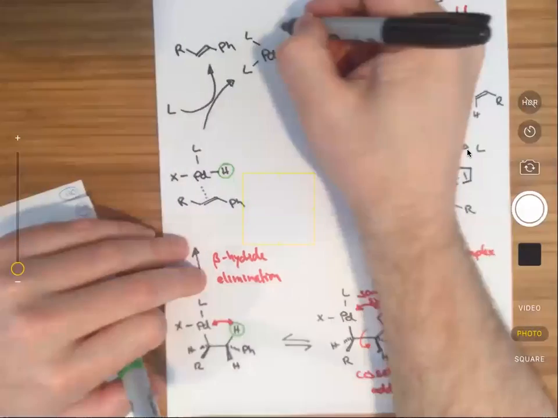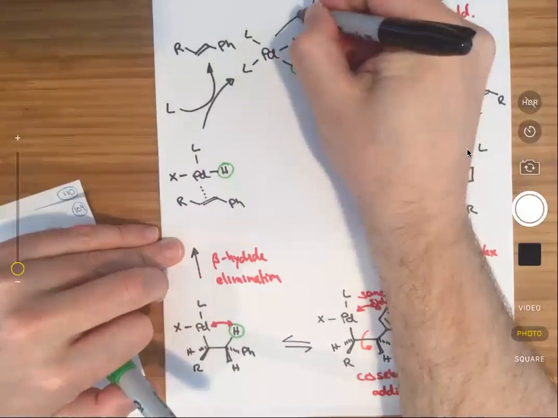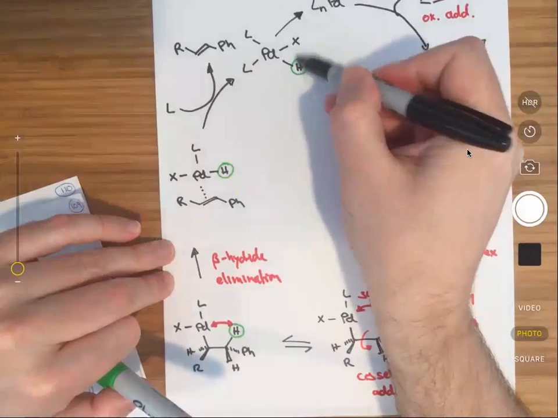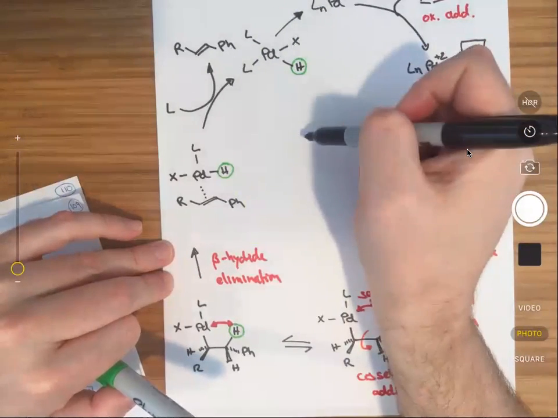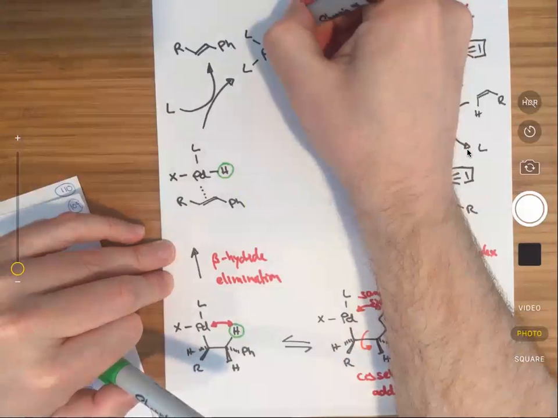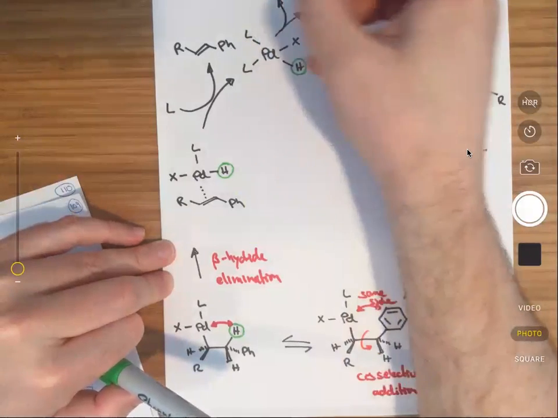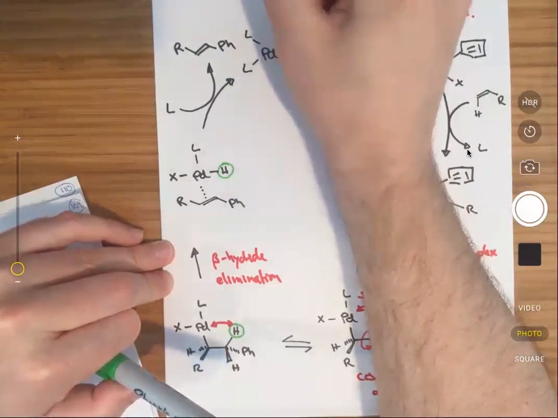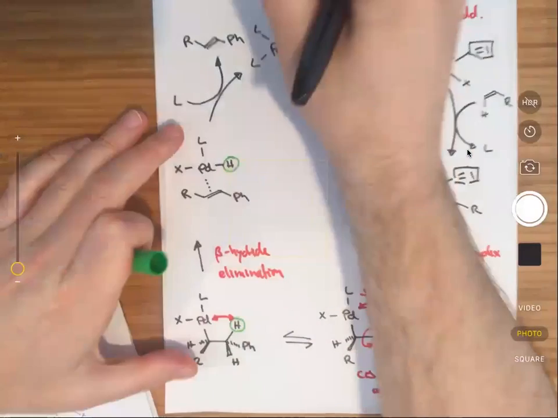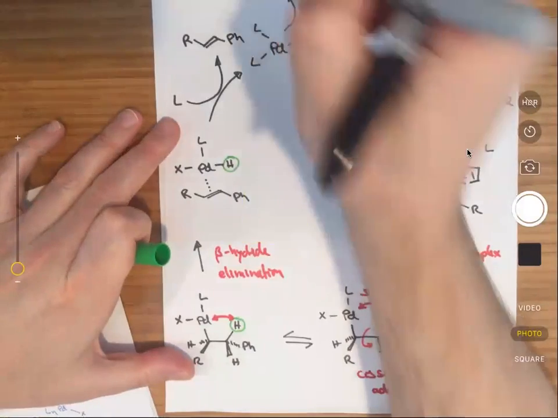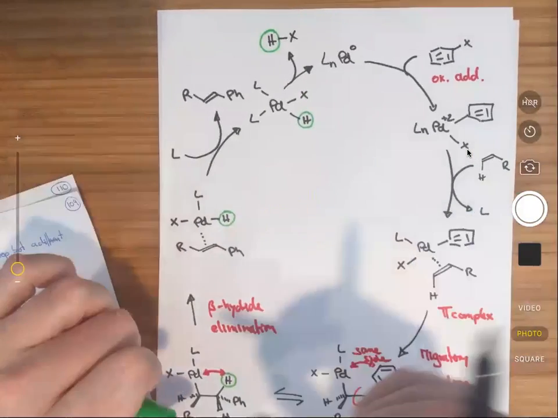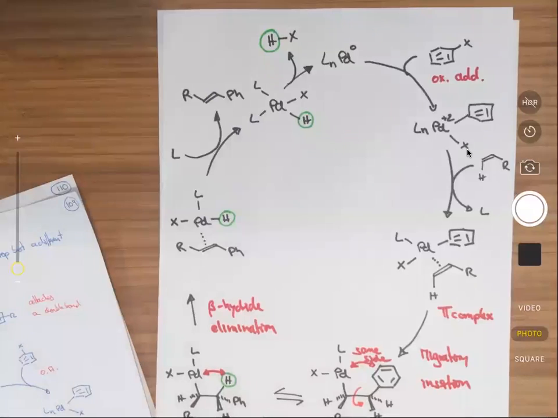And this basically regenerates our catalyst by kicking out HX as the acid side product. So this basically is kicked out, and you generate HX. If this is a halide, this is basically just an acid that you're generating, and which is quenched then by the base that you had in the reaction mechanism.